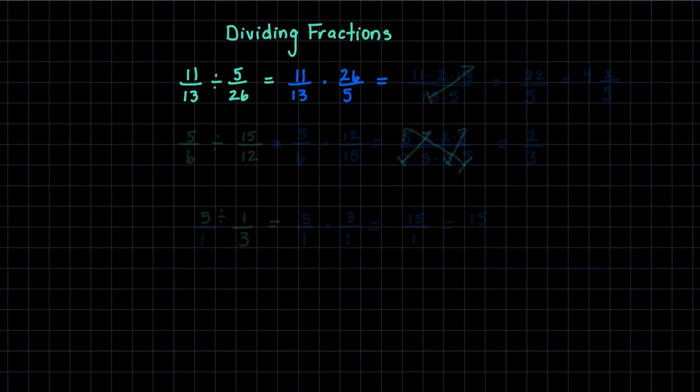Remember, when I multiply across and I have bigger numbers, I go ahead and factor them down as we multiply. 11 is prime, 26 is 2 times 13, all over 13 is prime, and 5 is prime. We have a common factor of 13. So we're left with 11 times 2 is 22, all over 5, which 5 goes into 22 4 times, and we're left with 2 out of 5 left.